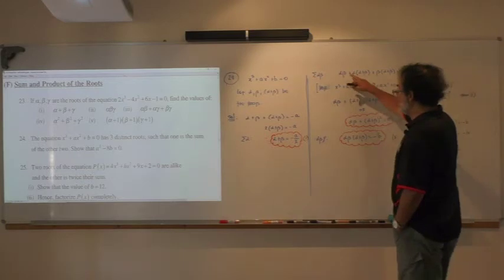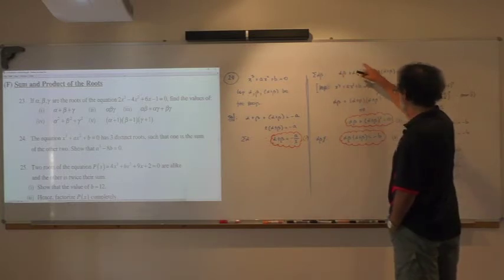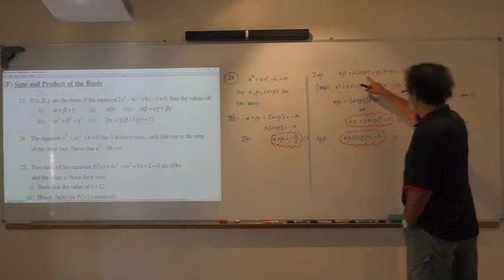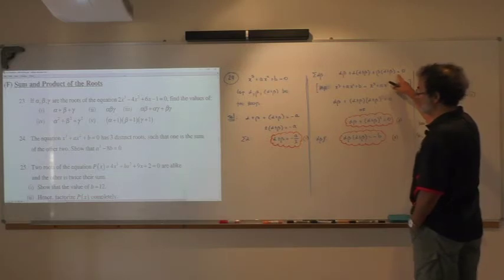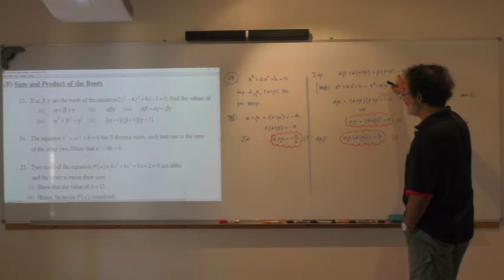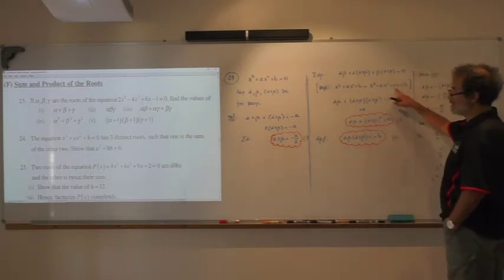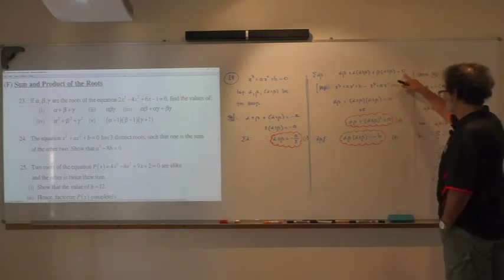Okay, the other one is this one. So when you do then 2 at a time, so when you do alpha beta plus alpha gamma, which is alpha plus beta in this case, and then beta plus gamma, that is equal to the other coefficient, which is 0, because you can see that the x term is missing. So that is equal to 0.